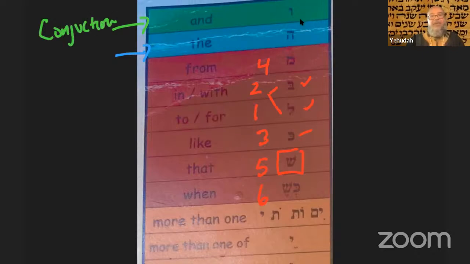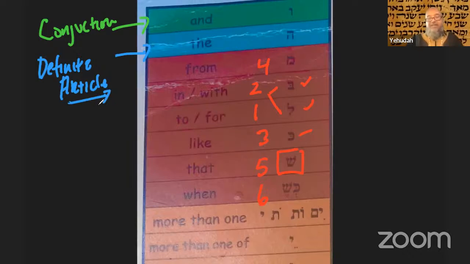And then the hey right here is the definite article, meaning it's telling us that this is a definite article. It's like an arrow pointing directly to an object saying, this is the book, versus being a book. When you got a hey in front of it, it would be the book.